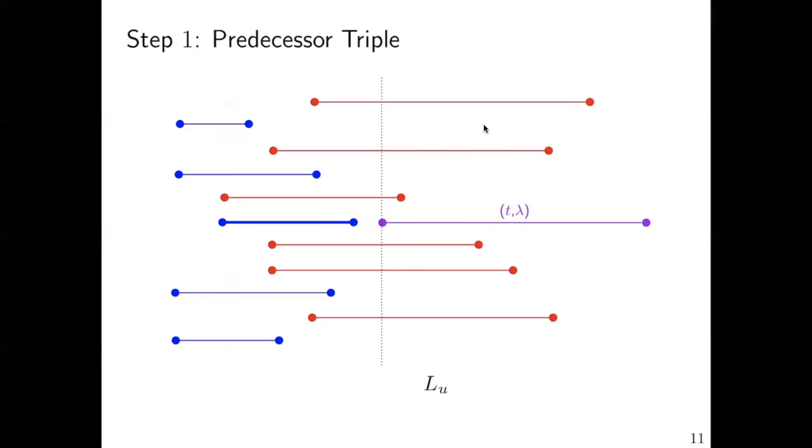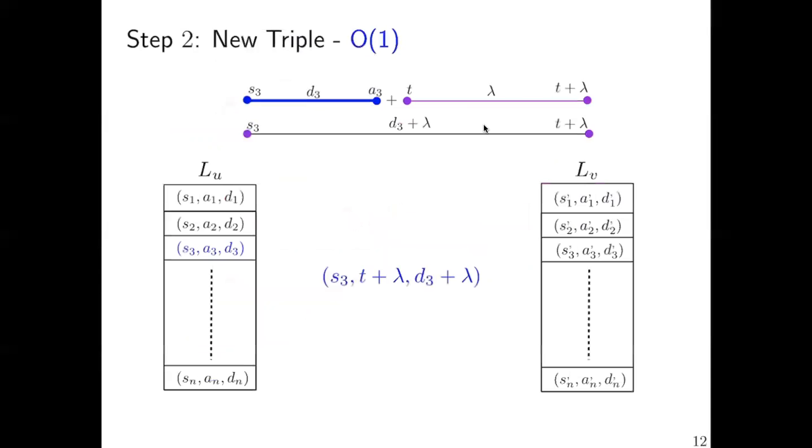And we are interested in finding this predecessor triple for extending the partial journeys. Once we choose the predecessor triple, which we denote as S3 A3 D3 in this example, this is the predecessor triple and this is our current edge.